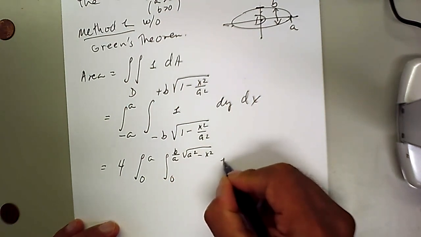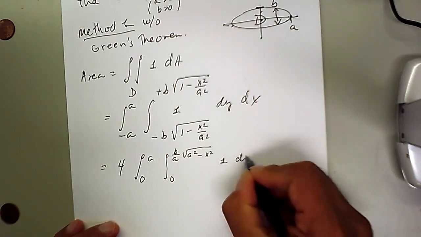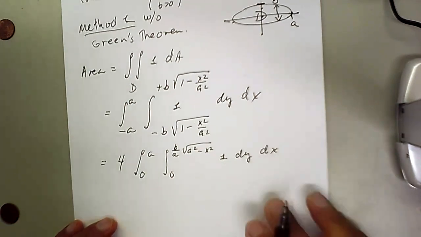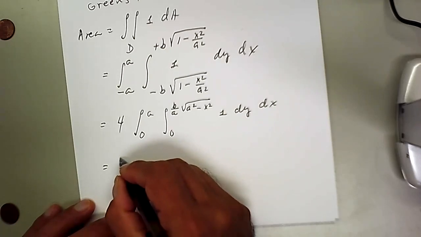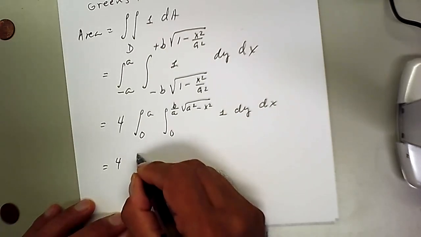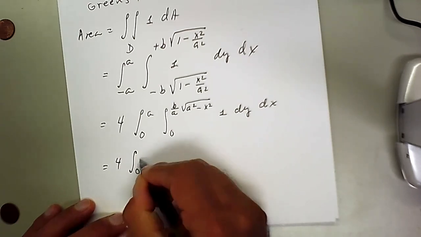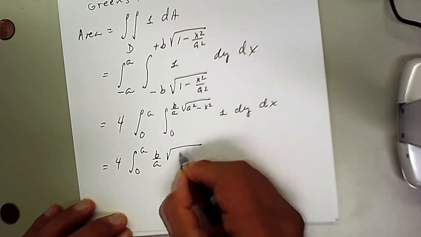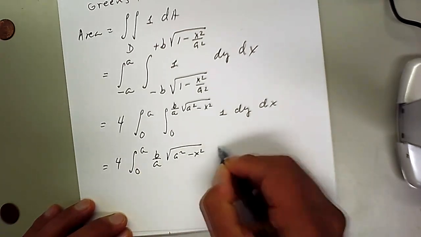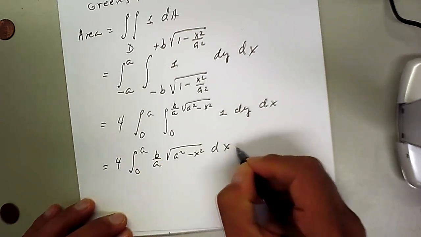We're still integrating 1 with respect to y and then with respect to x. That makes things kind of easy because then we have 4 times the integral from 0 to a of b over a square root of a squared minus x squared dx.